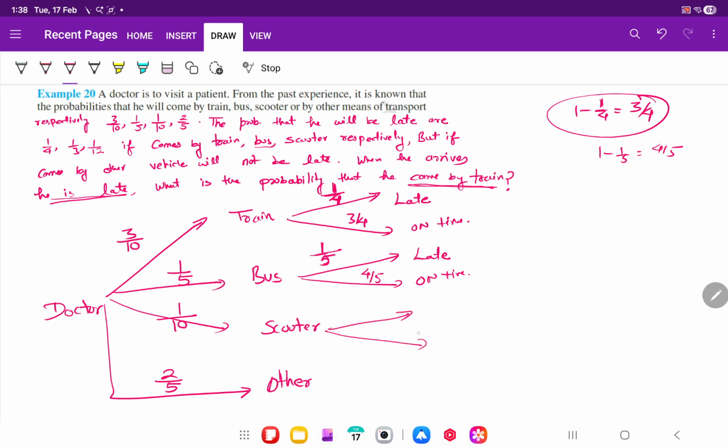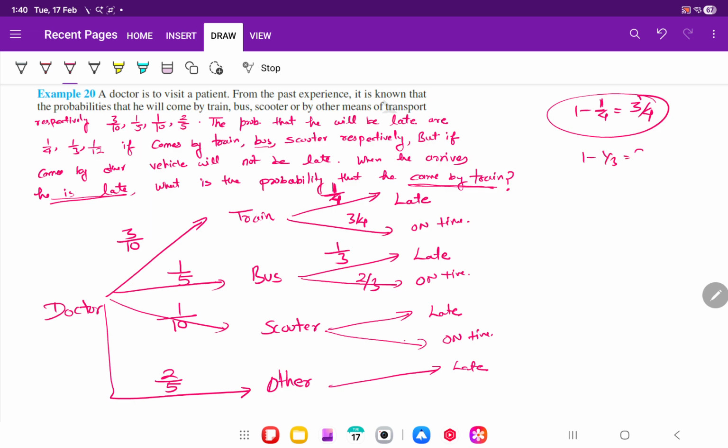For a scooter also he may be late or maybe on time. For late it is 1 by 10, on time it will be 9 by 10. How did we get it? 1 minus 1 by 10 is 9 by 10. For others, it is given that by bus he is late with probability 1 by 3, so on time it will be 2 by 3, because we need to subtract 1 minus 1 by 3.